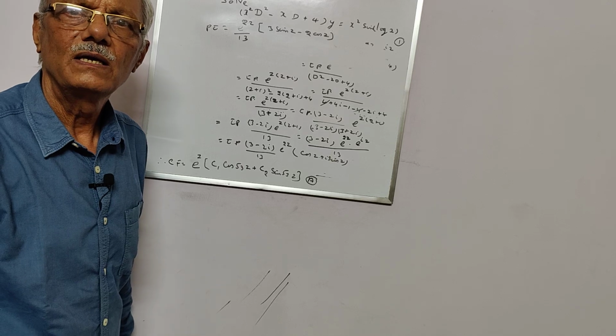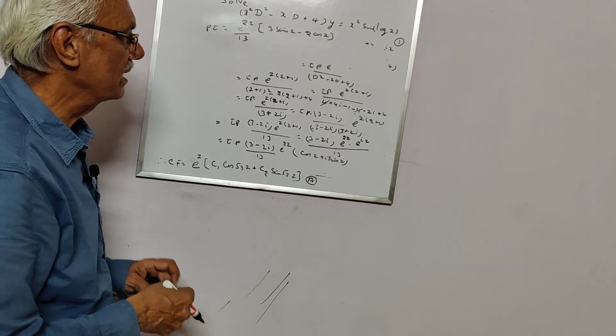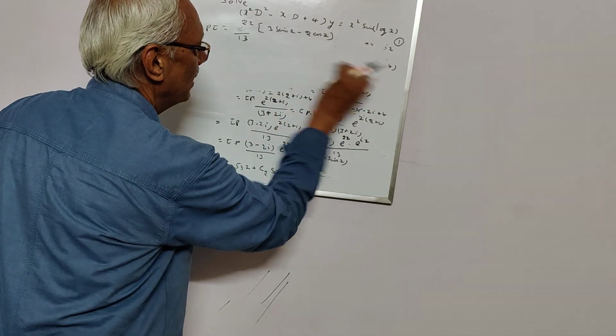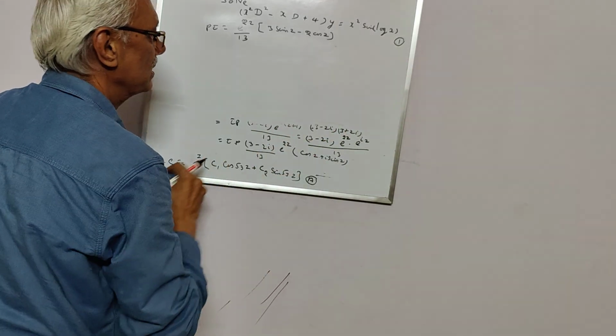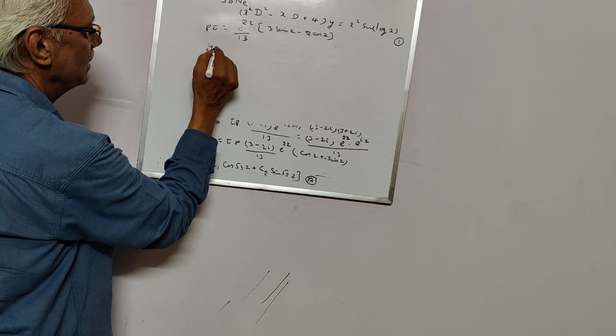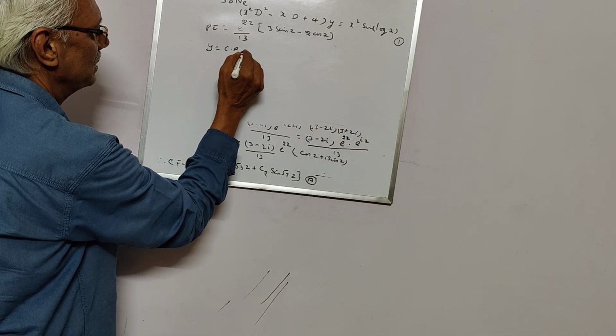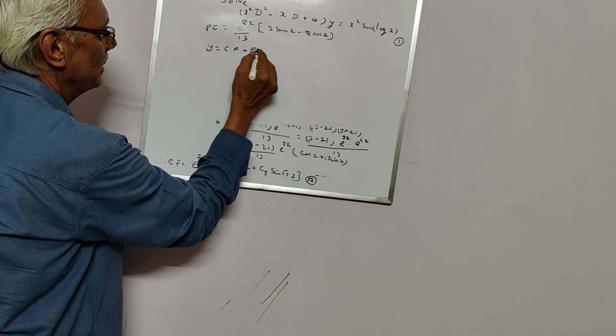Now we have got the particular integral. Therefore, your solution is y is equal to complementary function plus particular integral.